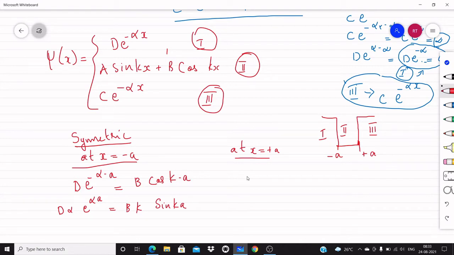In region 2 you have cos ka is equal to c e raised to minus alpha a, and the derivative is k sin ka is equal to minus c alpha e raised to minus alpha a.